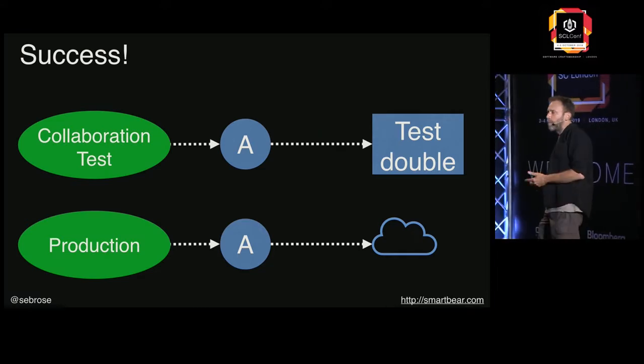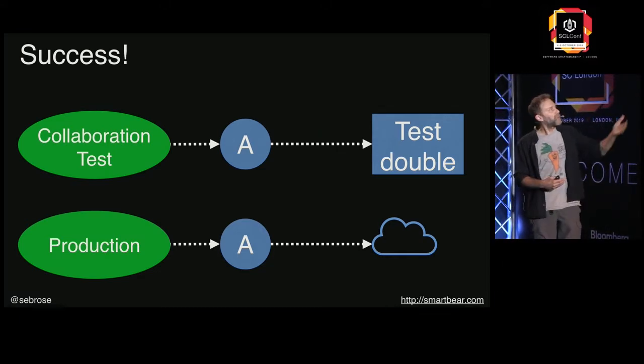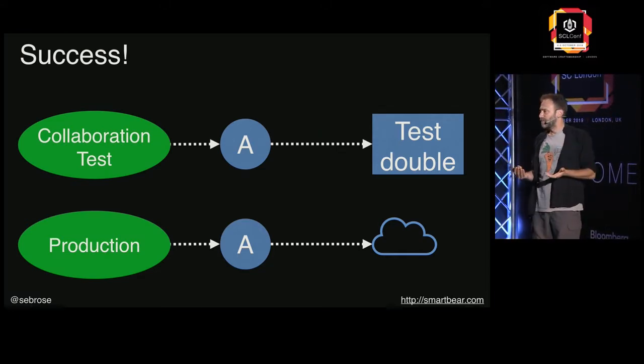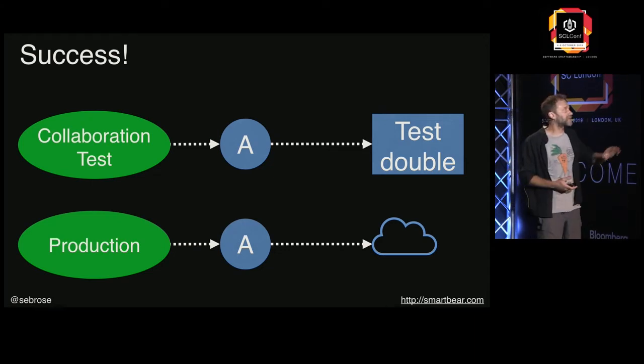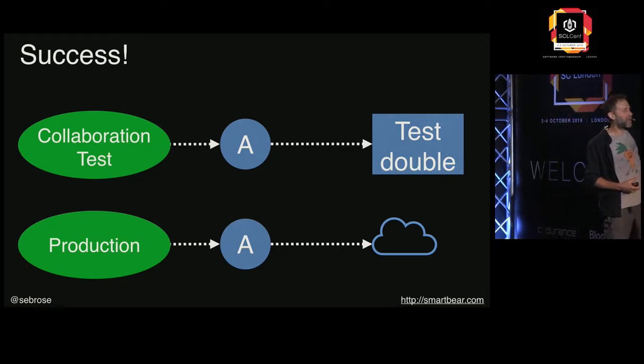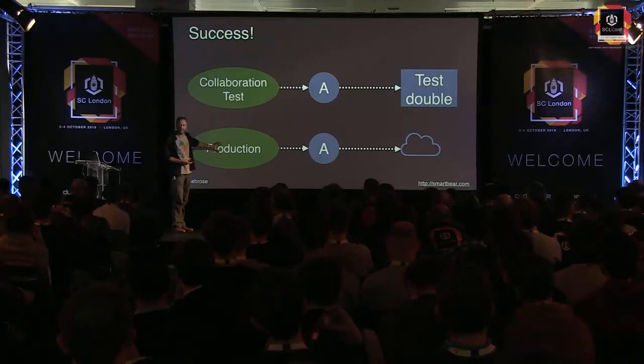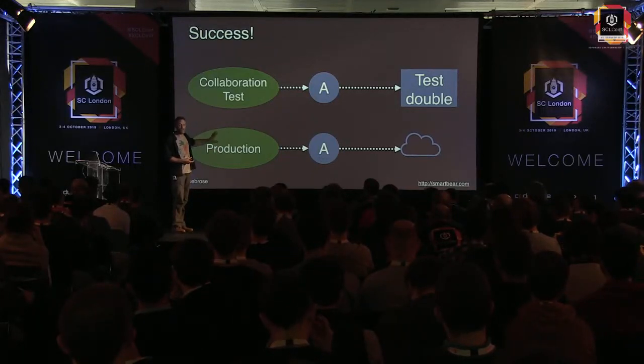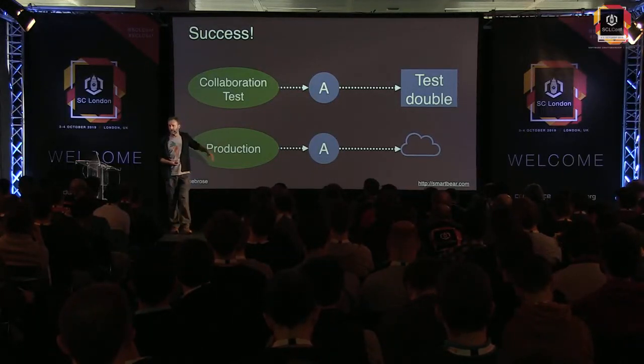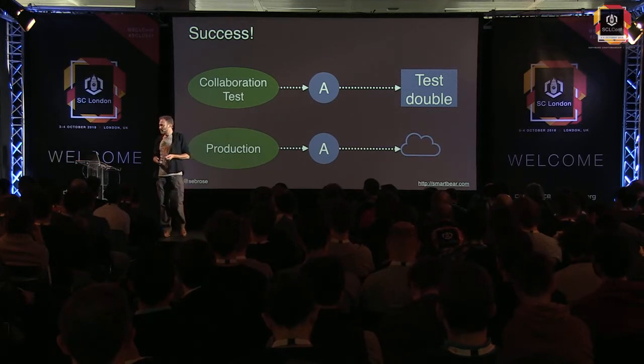When they both pass, as in our collaboration test passes, and this may be a unit test or it may be an integration test, we expect that when we release that into production, the same situation takes place, and production works fine as well. This is ideal, this is success.